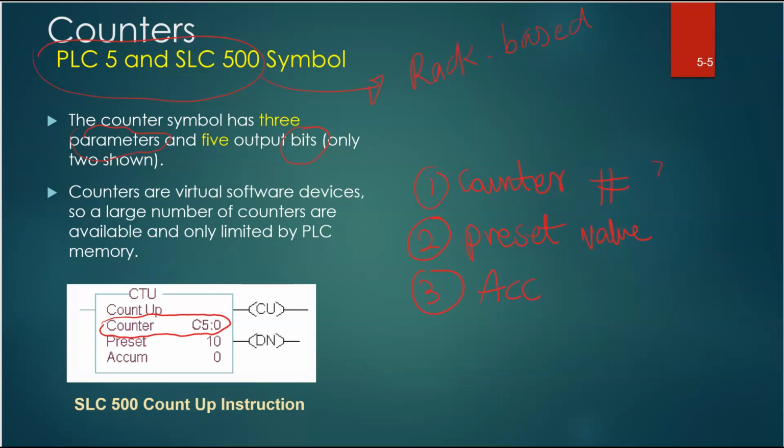The first 2 are mandatory, so you have to describe your counter number and you have to tell your counter what is going to be your preset value. But for the accumulator value, you have the option to set your accumulator value on a specific number, or if you don't set it, then the program will consider 0 as the default value for your accumulator.